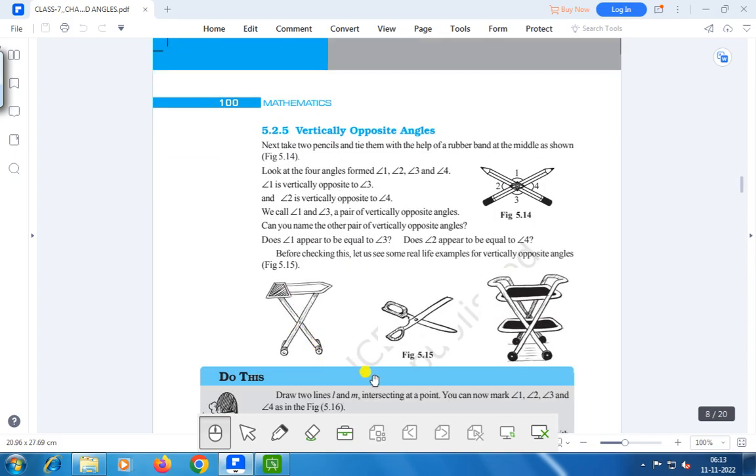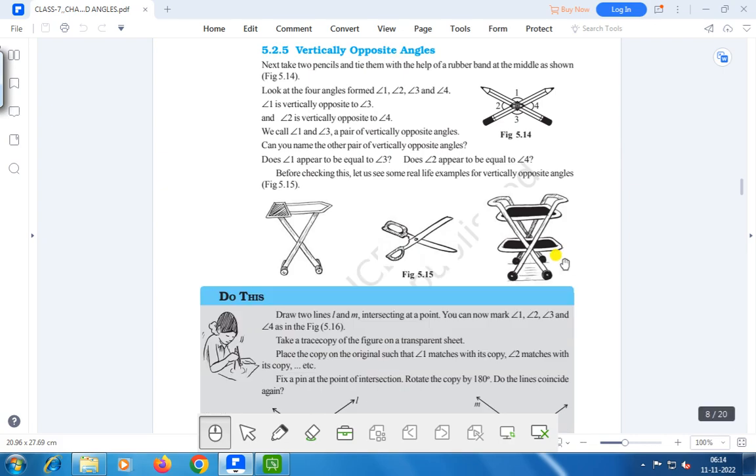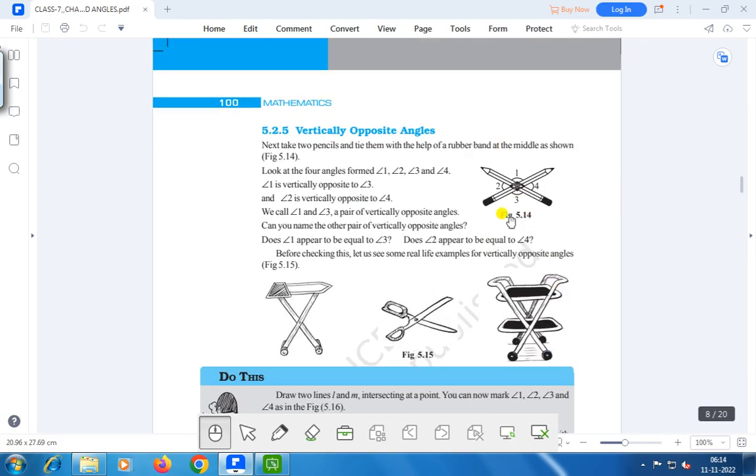Vertically opposite angles. Here you see there are two pencils. Write this: angle 1 is vertically opposite to angle 3 and angle 2 is vertically opposite to angle 4. And we know that in the case of vertically opposite angles, angle 1 is equal to angle 3 and angle 2 is equal to angle 4. You have to remember that vertically opposite angles are equal.